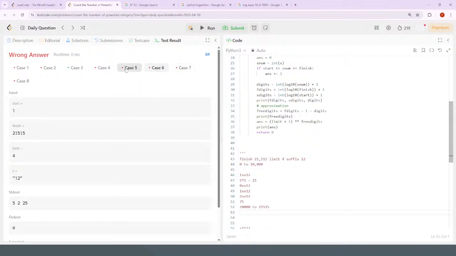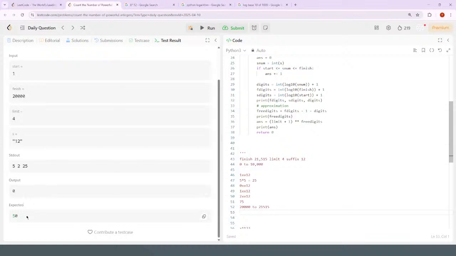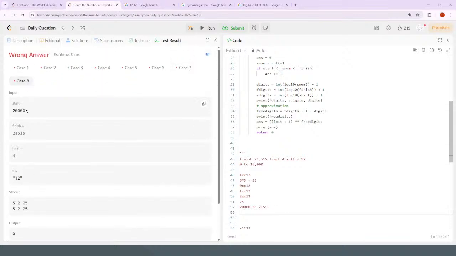This is not the one that I was looking for. Yeah, it should be 50, and then this should be an extra 15, or an extra 10.